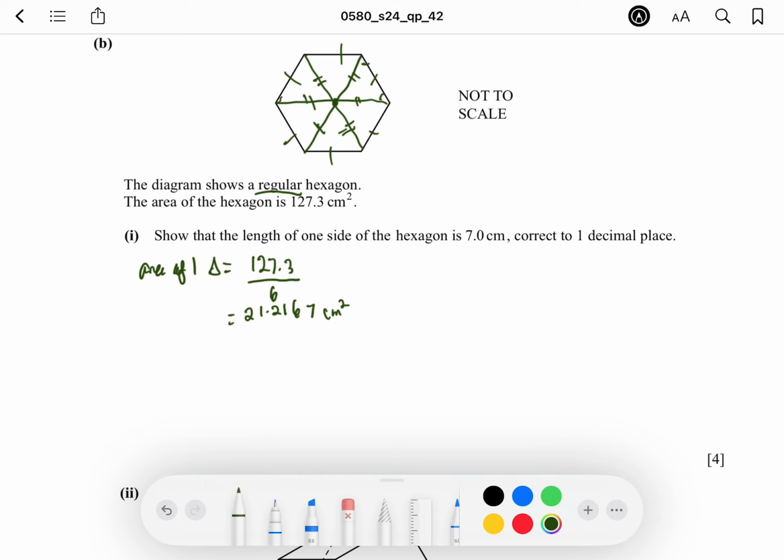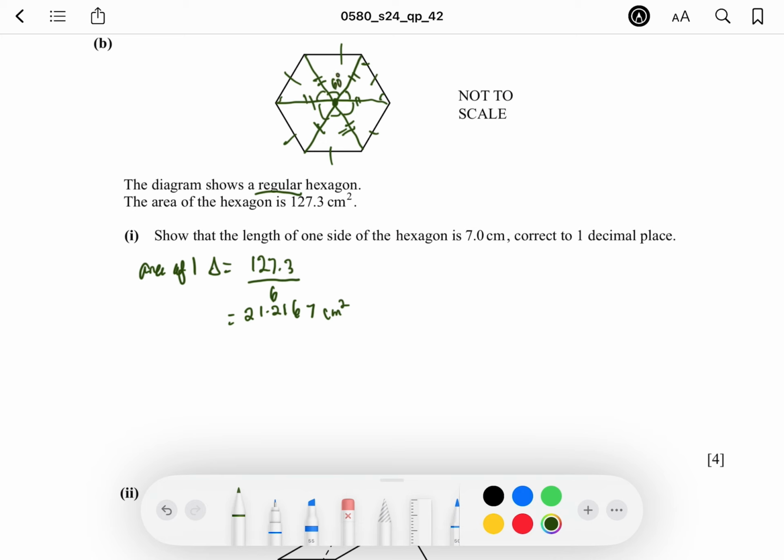The total angle at that point is 360. 360 divided by 6 is equal to 60. Just continue like that, I already gave a clue.